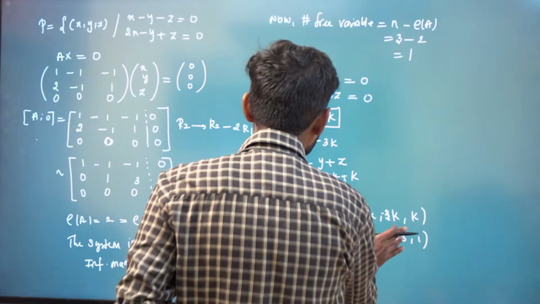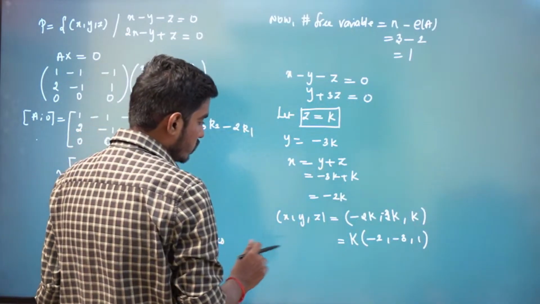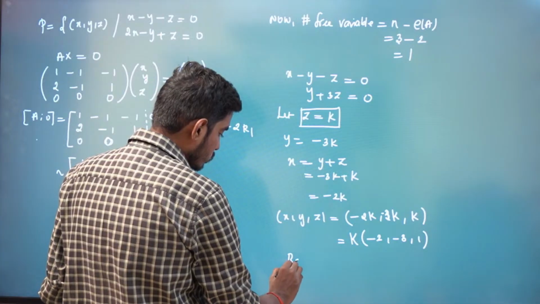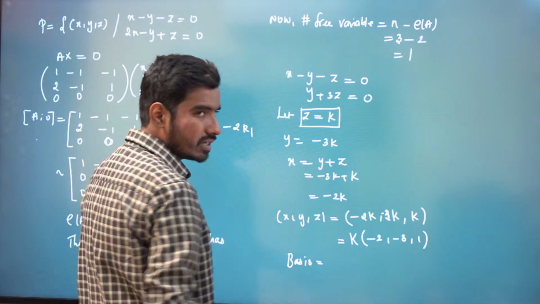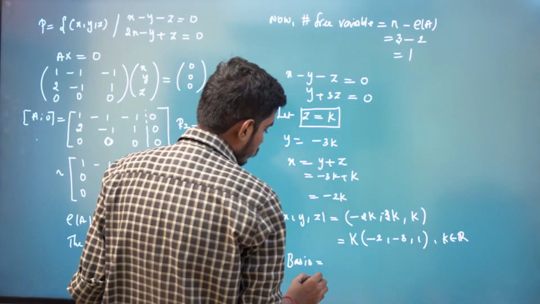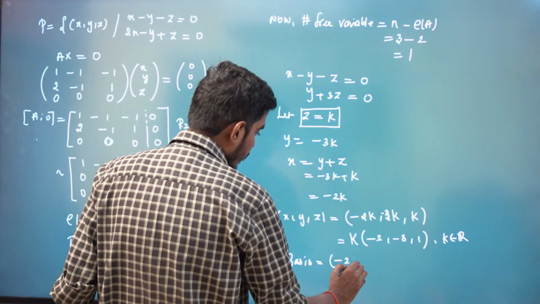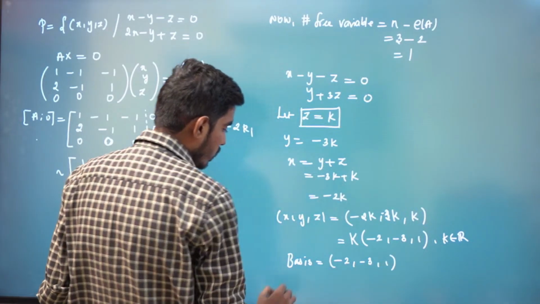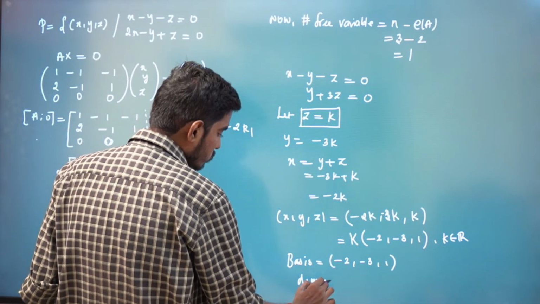That means this is our basis. A basis need not be unique. This k belongs to the real numbers. So the basis is given by (minus 2, minus 3, 1), and the dimension is what?